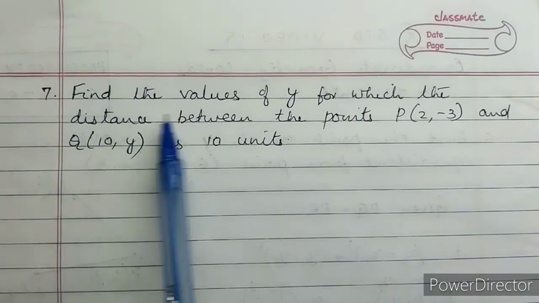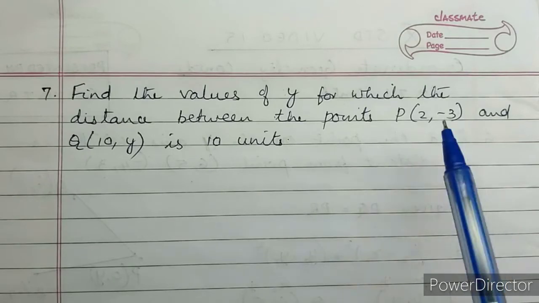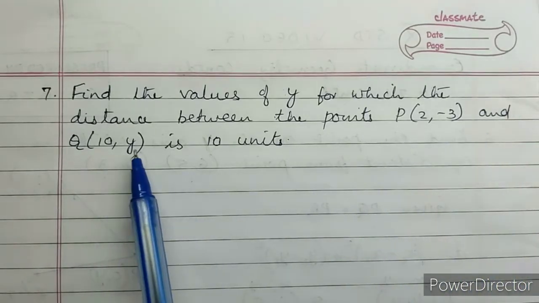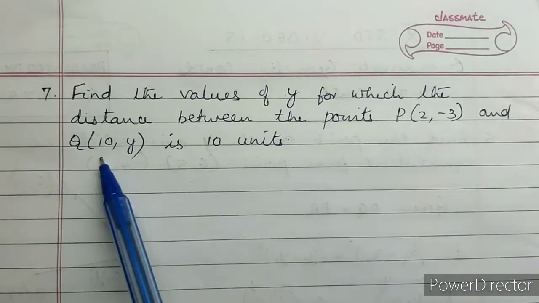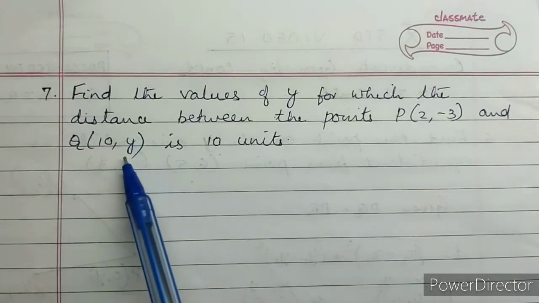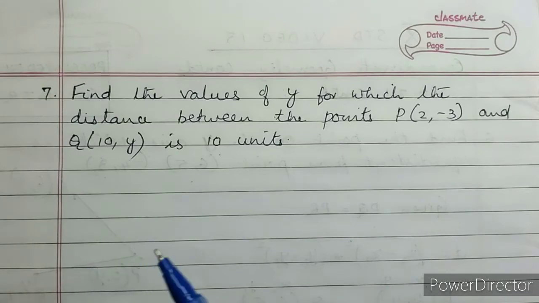Next sum, find the values of y for which the distance between the points P (2, negative 3) and Q (10, y) is 10 units. So PQ distance is given as 10 units, but you have to find the value of y, that is y coordinate of point Q you have to find.